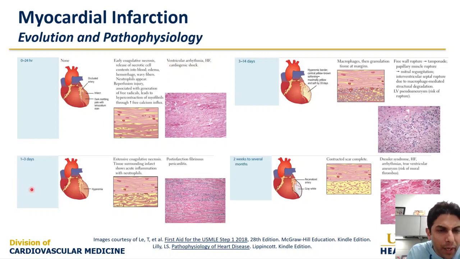Now, days 1 to 3, what we see grossly is hyperemia. So that might look pale here, hyperemia. So there's now increased blood flow to this area by local mediators. But specifically, an acute infarct, approximately 24 to 40 hours old, demonstrates coagulation necrosis and dense infiltration of neutrophils.